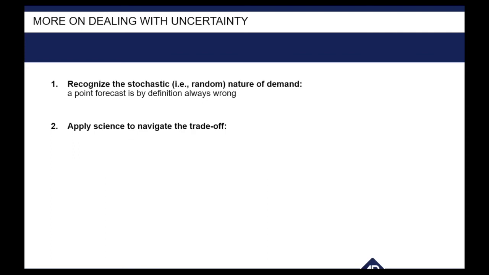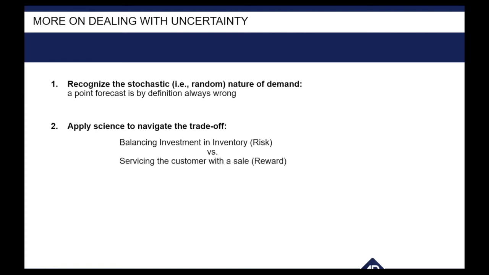The first step is to recognize the random nature of demand. No matter how good our forecast is, it's not going to remove completely what we call forecast error, but it's really a misnomer. It's not forecast error, it's the underlying uncertainty of demand. And then once we have that infrastructure built around the uncertainty of demand, we apply science to navigate the trade-off between balancing investment in inventory, which is the risk, and servicing the customer with a sale, which is the reward.